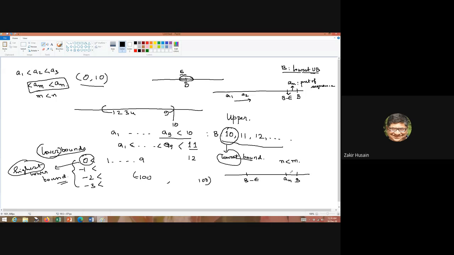what is the location of an? Left hand side of an. It will be either on this side if it is a strictly increasing monotone, or if it is just an increasing monotone, it can also be equal to an.